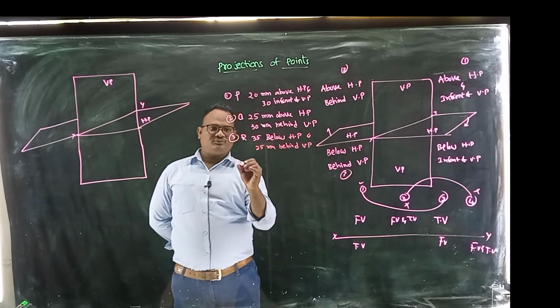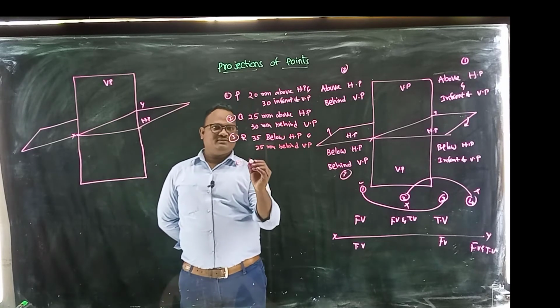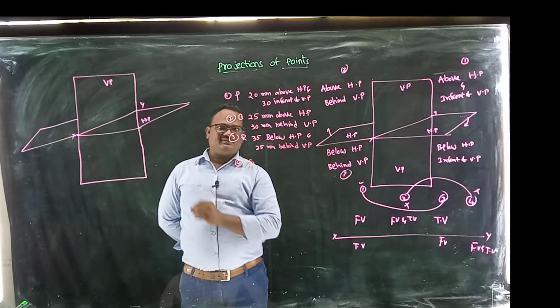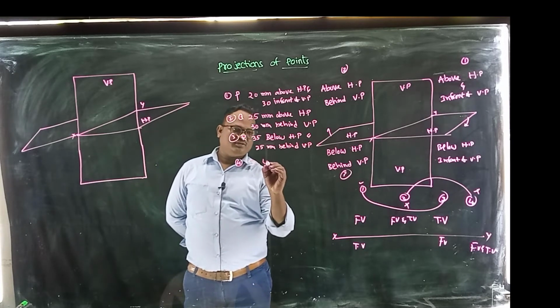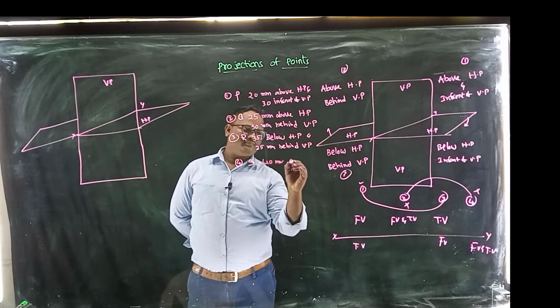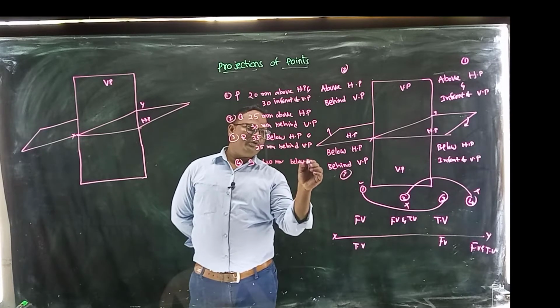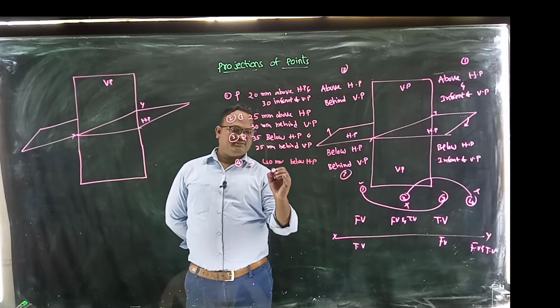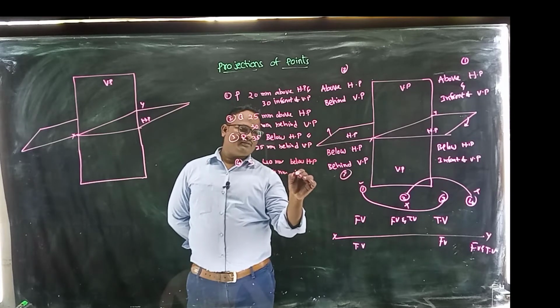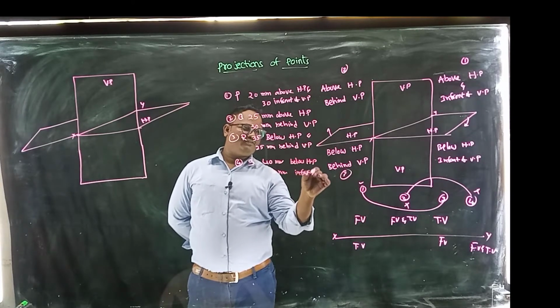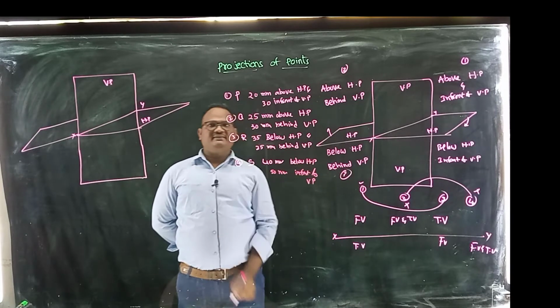Fourth, the point S is situated at a point 40 mm below the horizontal plane and 50 mm in front of VP. So like this way they will give.